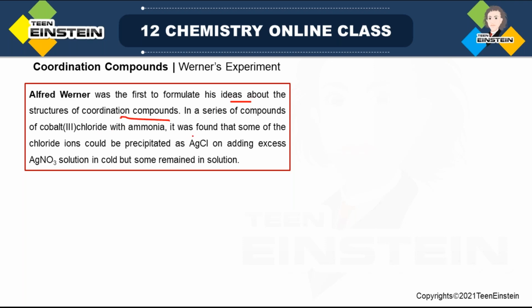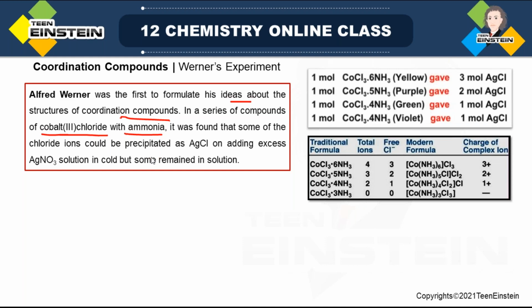So what he did in his experiment was work on a series of compounds of cobalt chloride with ammonia. It looks like this. See, CoCl3. That means if cobalt is having 3+ oxidation state, there must be 3 chloride to balance this charge, with ammonia. So that is why ammonia is also mentioned.